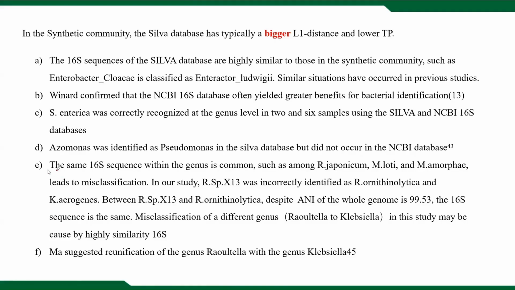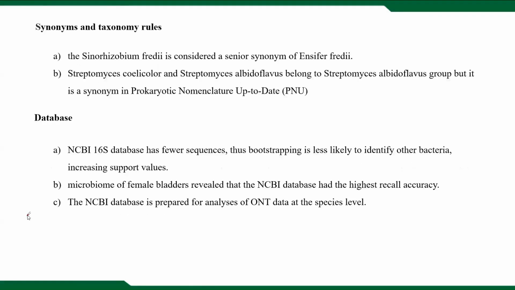Another reason is that different species in the same genus have the same 16S sequence. Then synonyms, taxonomy rules and datasets also affect the results. In conclusion, the NCBI database is preferred for analysis of nanopore data at the species level.